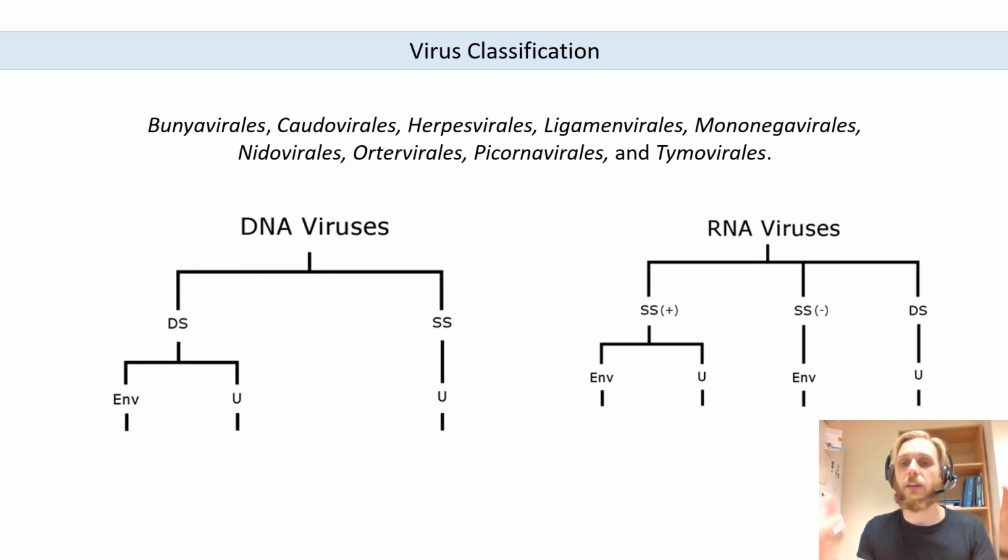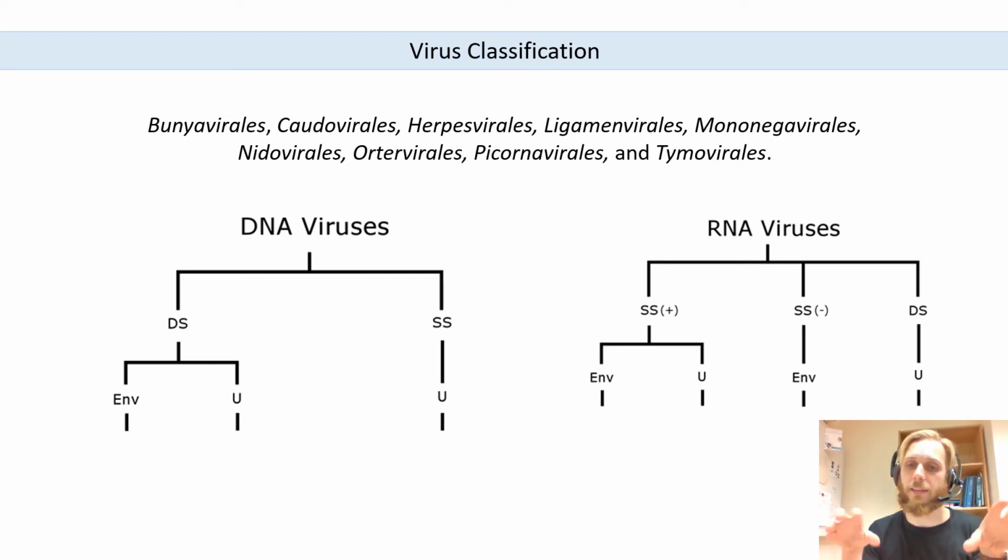As we said, most viruses don't fit into orders. Some do fit into orders, but maybe not particularly well. And of the orders that do exist, there's quite a lot of them. We don't understand how these orders are related to each other.